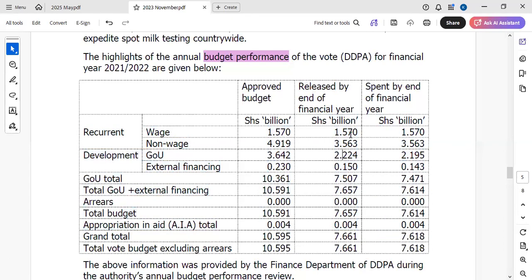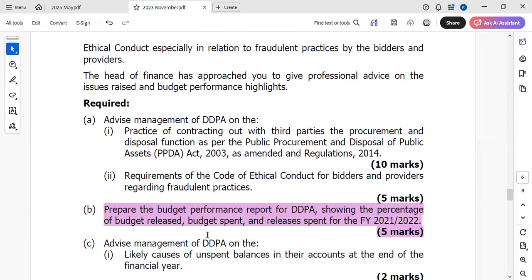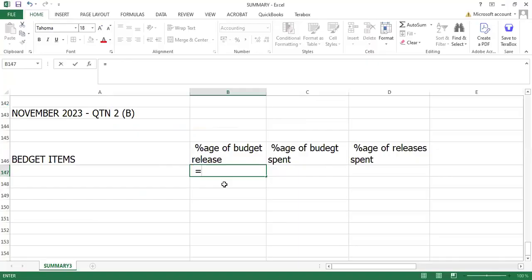So as you're getting the percentage of budget released, it's easy. Common sense is that you're getting the budget released over the budget approved. It is the budget released over the approved budget amount.